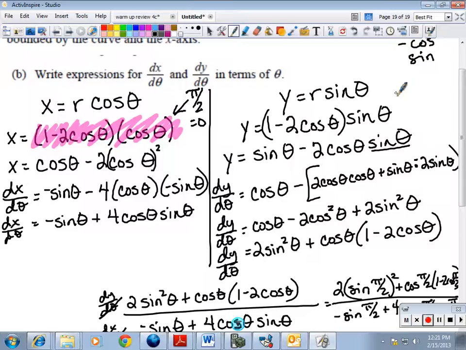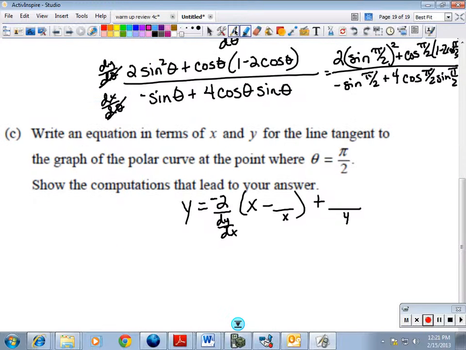I plug my pi over 2 into this one, and I get 1. Okay, because these are my formulas for my x and my y. I've already got them. So that's what I use down here. So I just plug in my 0 and my 1. You can leave it like that, or you could distribute it through and get negative 2x plus 1. And that is how you do an equation of a tangent line for a polar.